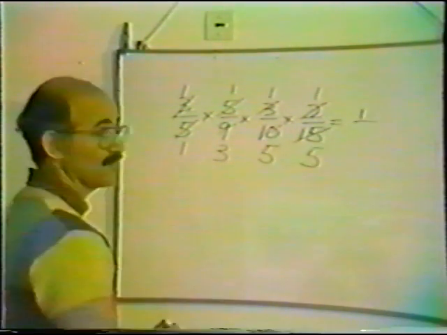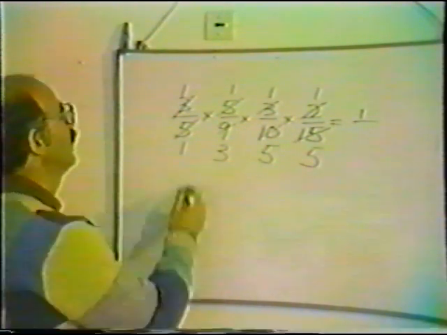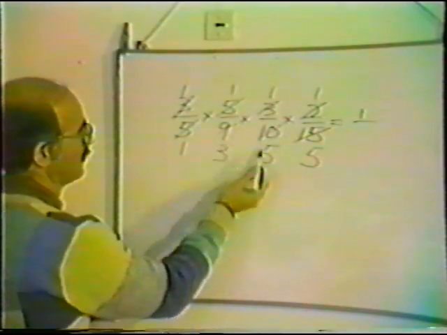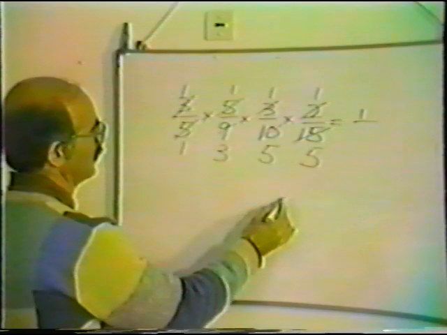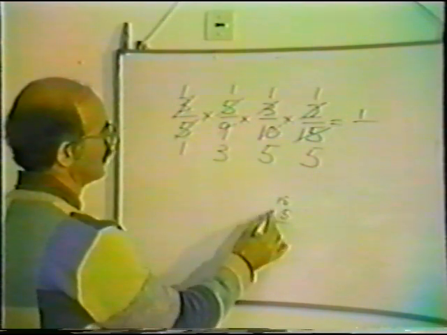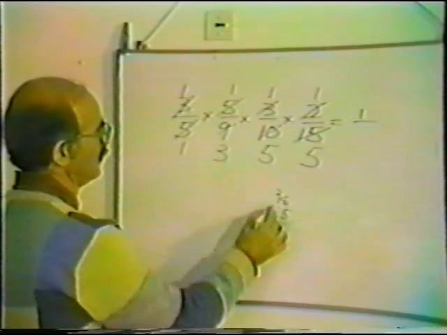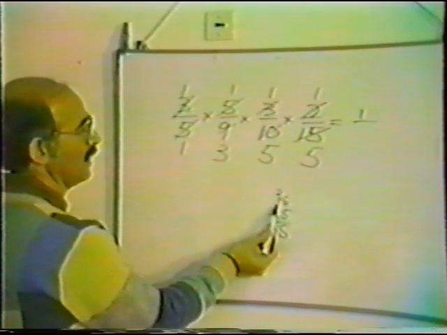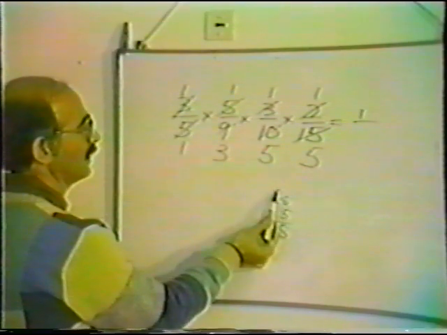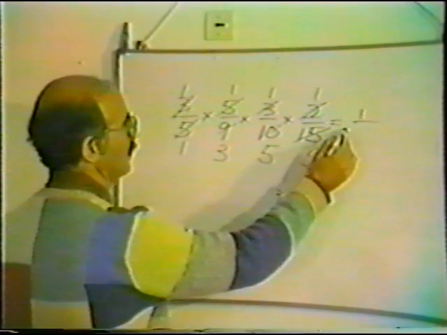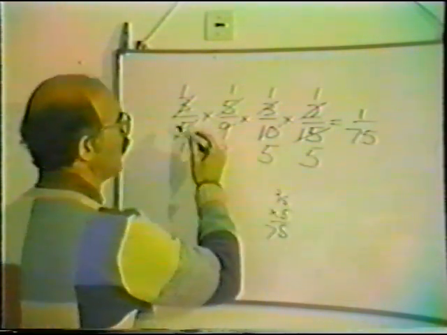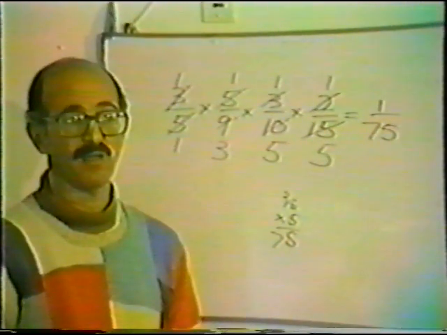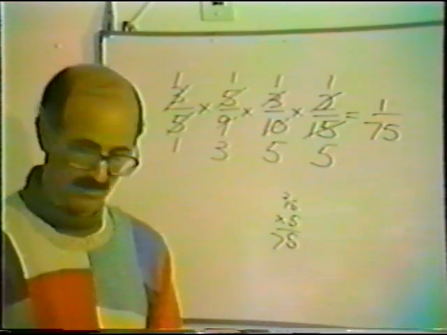That's why we like ones. 1 times 3 is 3. Times 5 is 15. Times 5 is 75. This whole thing cancels down and multiplies to 1/75.